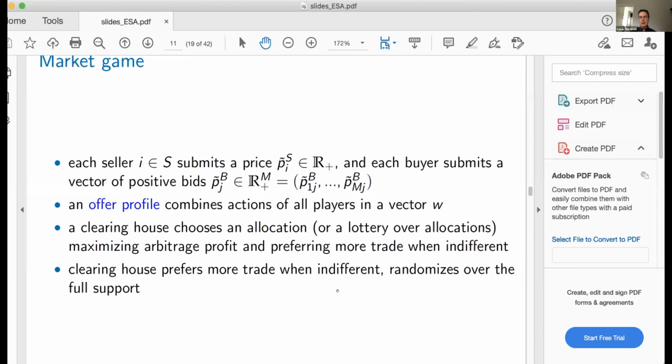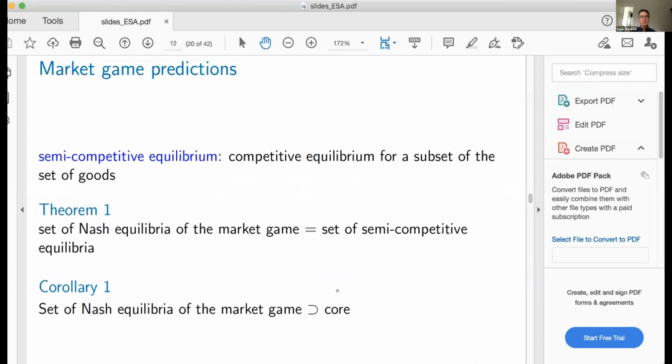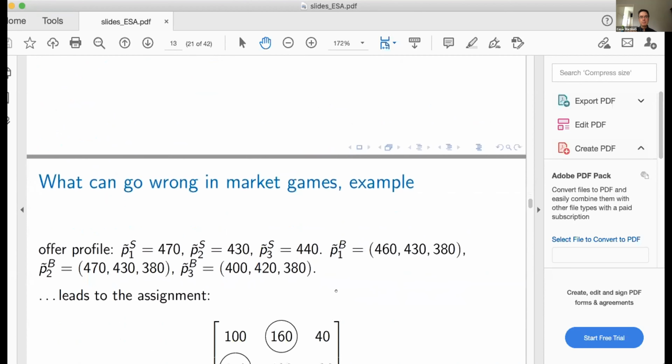What the market game does is implement what Mas-Colell calls semi-competitive equilibria. A semi-competitive equilibrium is basically a competitive equilibrium for a subset of markets. So market games capture the possibility of coordination failures, and that's something that we are going to keep in the back of our minds.